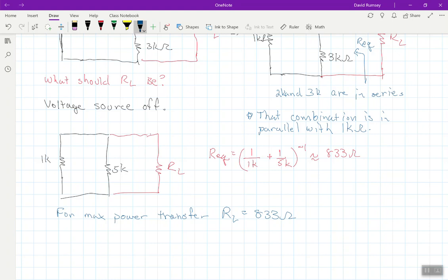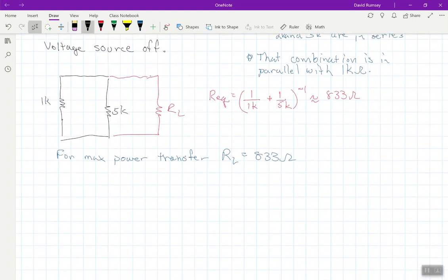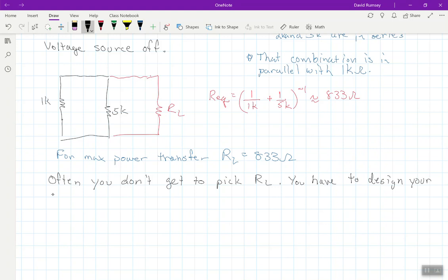I said that this was going to be the last video relating to max power transfer, and I lied, because I'm going to do one more example. But first, I will say that often you don't get to pick RL, you have to design your circuit for RL.